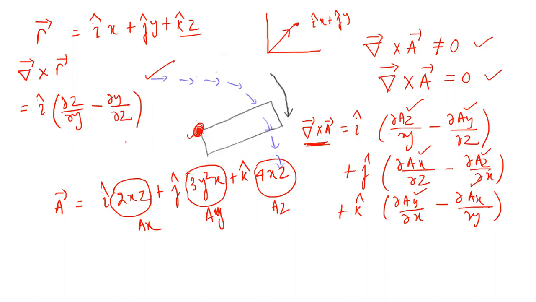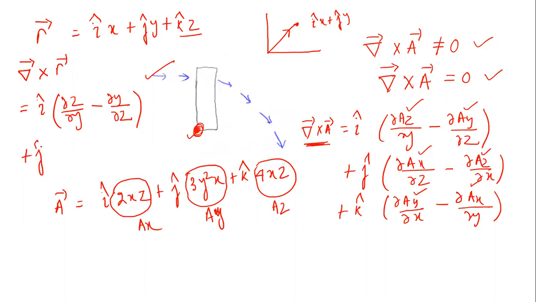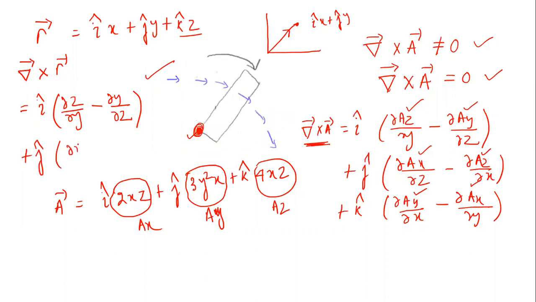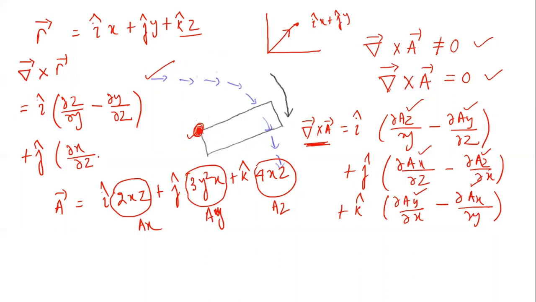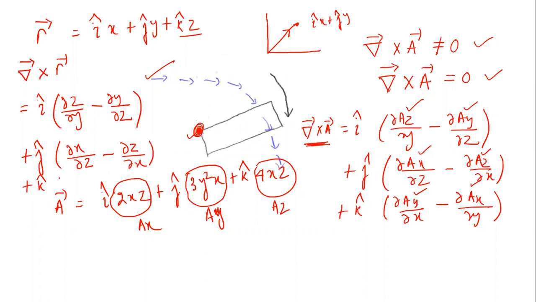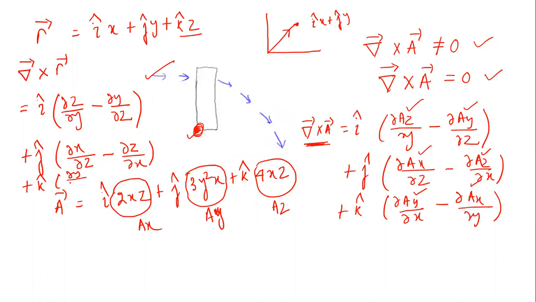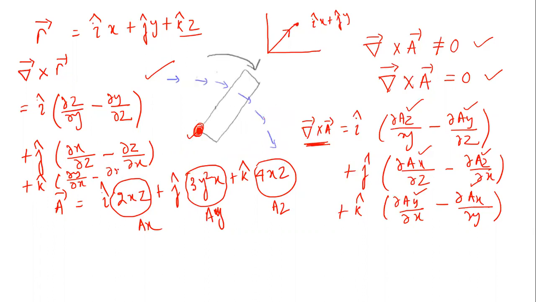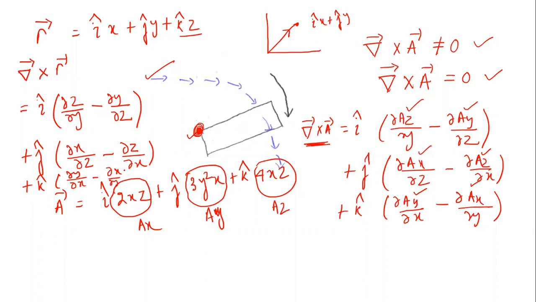Then j cap: del ax by del z minus del az by del x. Similarly, plus k cap: del ay by del x minus del ax by del y. This is what you got.